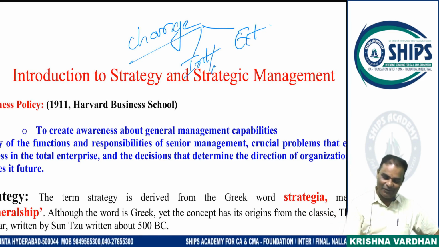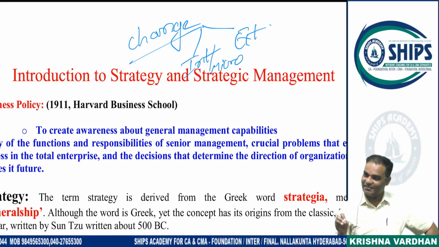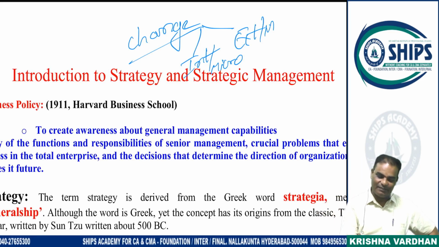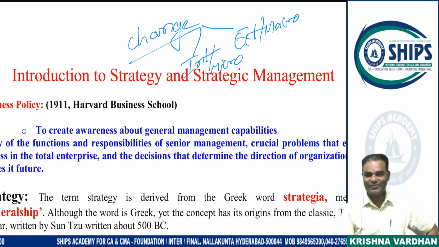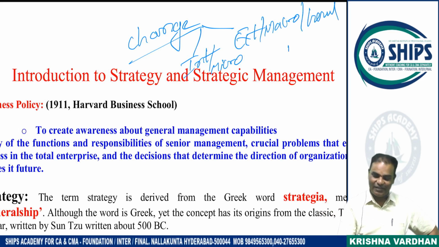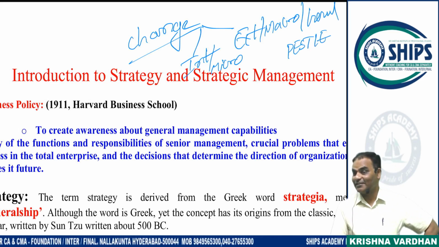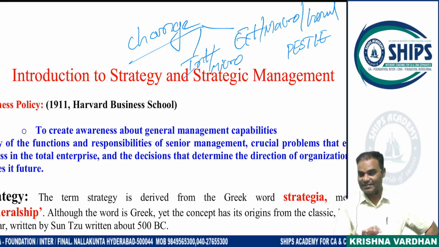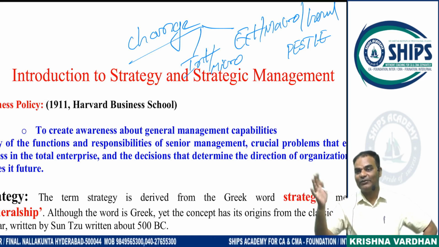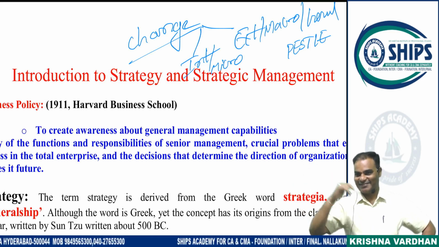Can we call it micro here also? Yes. Whereas there are certain changes which will create impact to everyone, general. Like yesterday we said macro environment, here also we can use the word macro, or we can say general changes. Here also we can use that word PESTLE. These are the best examples of external changes, the change which happens outside and which will impact everyone, including the environment. So we say external environmental changes. Understood?